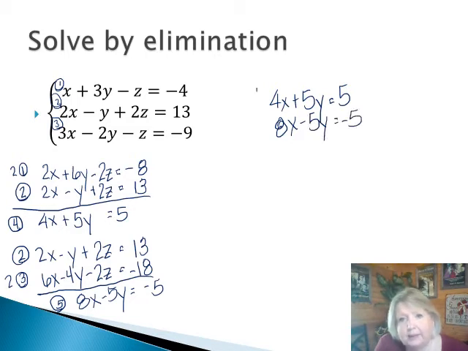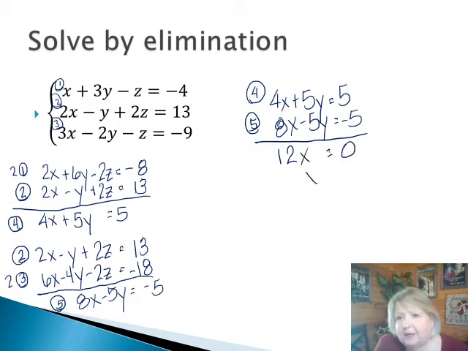So here again is equation number 4, equation number 5. Notice I already have opposite coefficients on y, so I'm just going to go ahead and add. That gives me 12x equals 0. Divide both sides by 12, I get that x is 0. Now I can pick either 4 or 5.